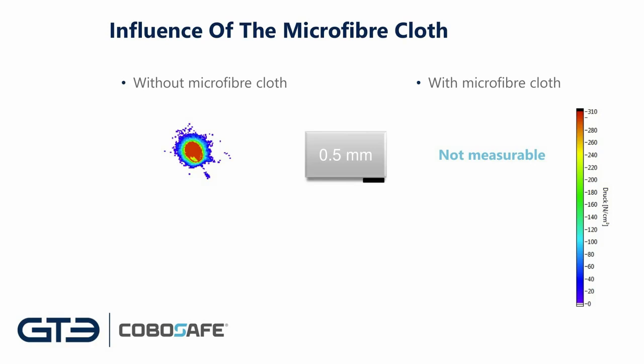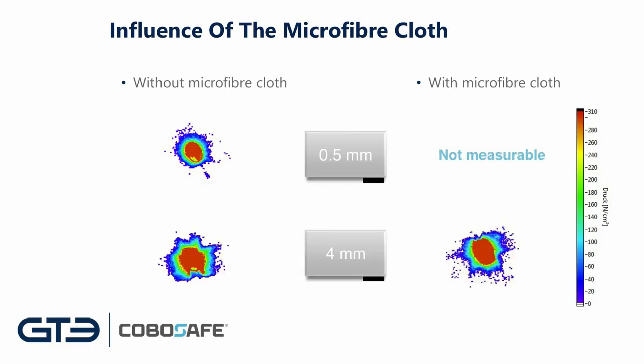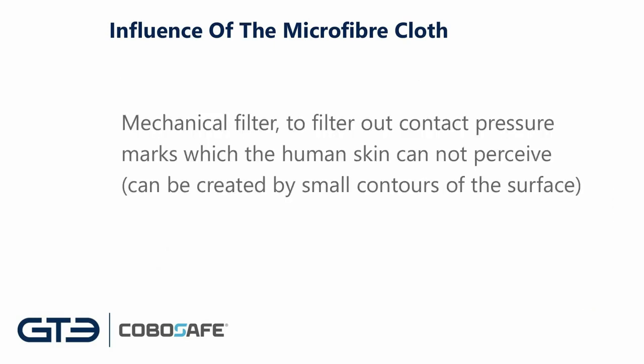With a 4 millimeter protruding grub screw, we received similar pressure distributions. The 0.5 millimeter protruding screw is not noticeable by the human skin. However, the 4 millimeter protruding screw is. It's like a needle prick. So one can say that the microfiber cloth is a mechanical filter to filter out roughness on surfaces that the human skin cannot feel. That's why we're using a microfiber cloth.